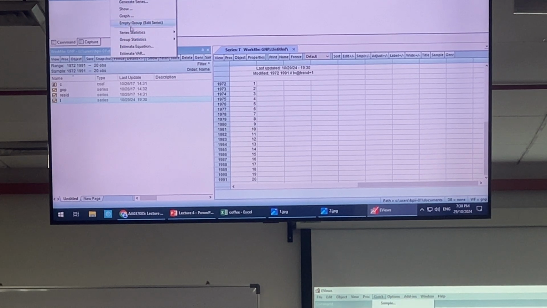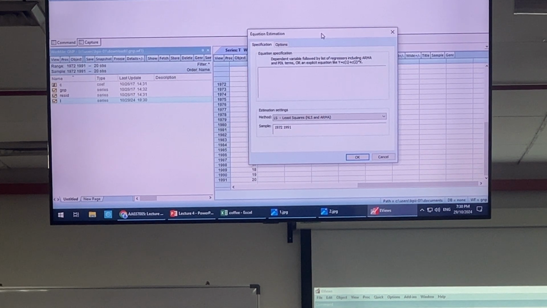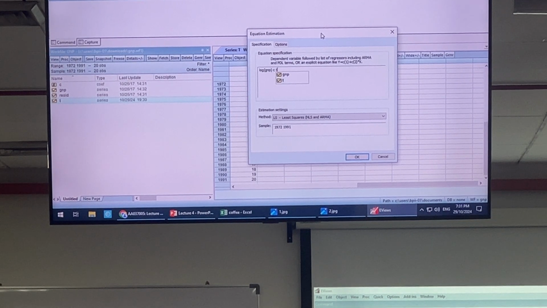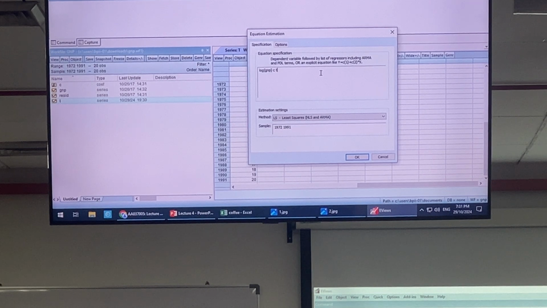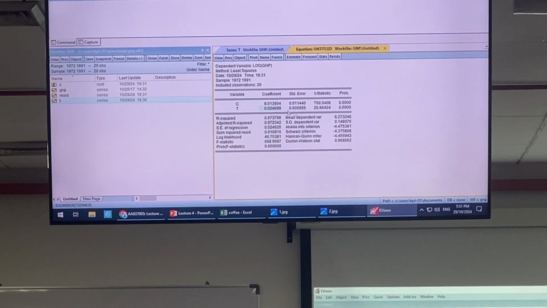To estimate the model, go to quick estimate equation. We have log of GNP, C and T. Okay, so you get the same estimate.